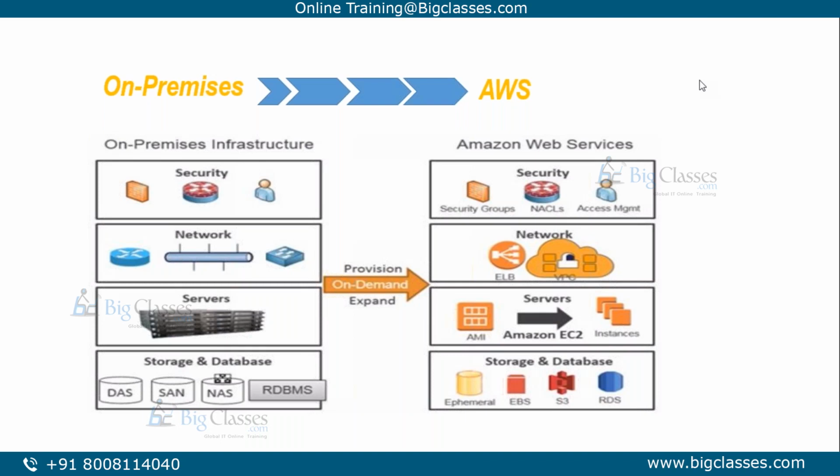What is the benefit of using S3 storage, what are the different ways of using S3, how to define lifecycle policies, and what is the advantage of defining a lifecycle policy? And in which case we have to go for Simple Storage Service, and in which case we have to go for Elastic Block Storage, EBS volumes. Those things we will discuss in detail.